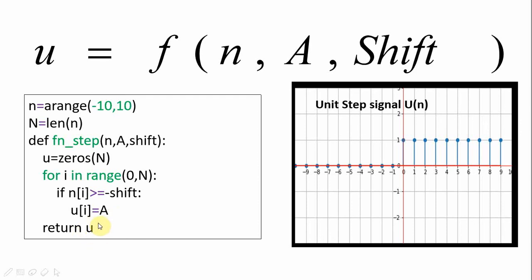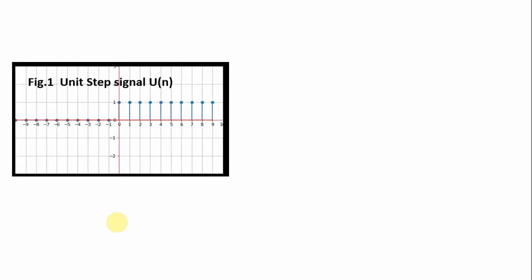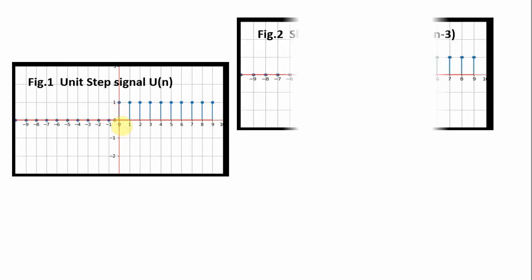So this returns the array u, which is now modified from the zeros array, such that it will have a step signal with a shift given by the value shift and magnitude given by a. A unit step signal is given here with a equal to 1 and shift equal to 0.